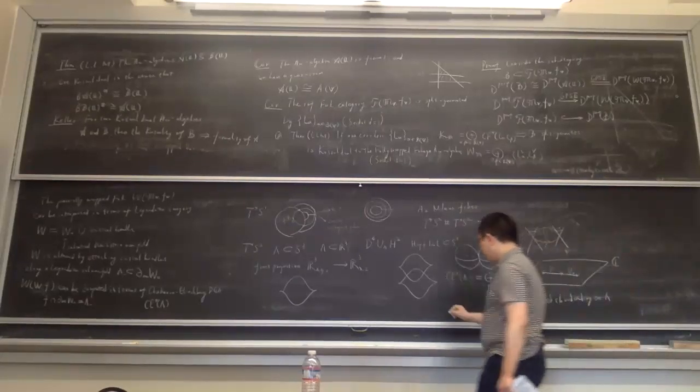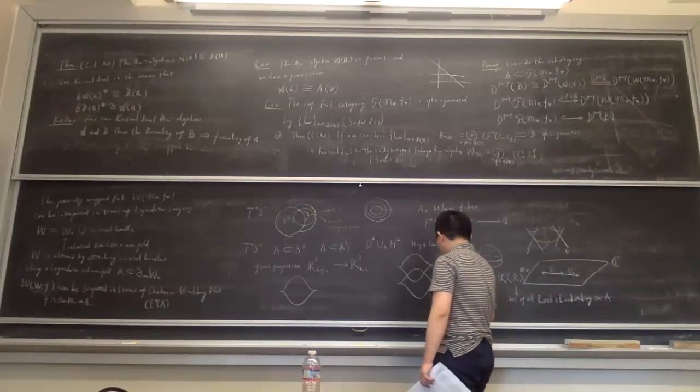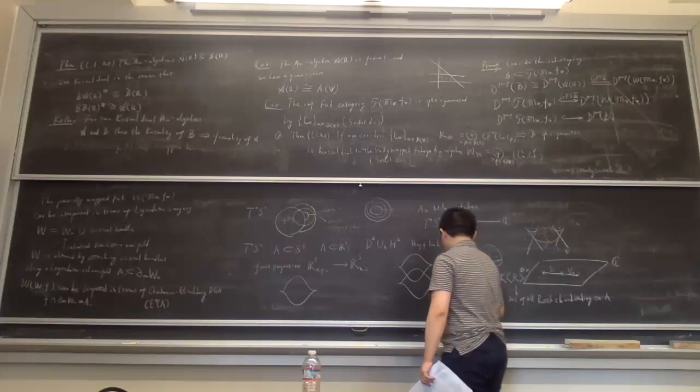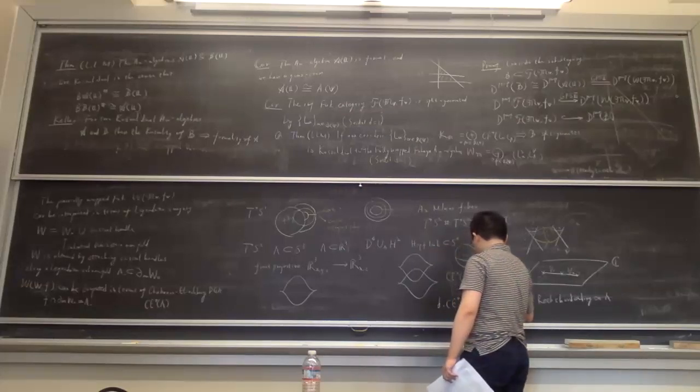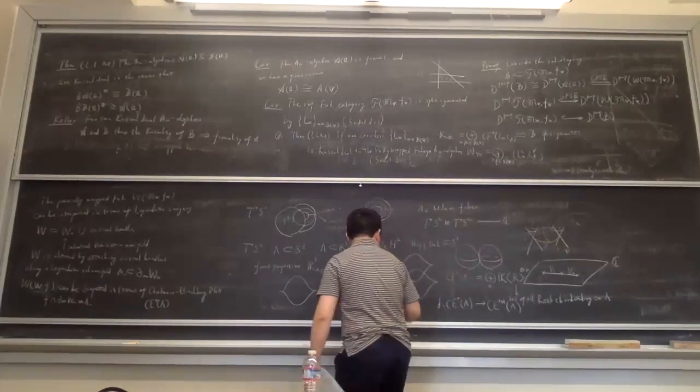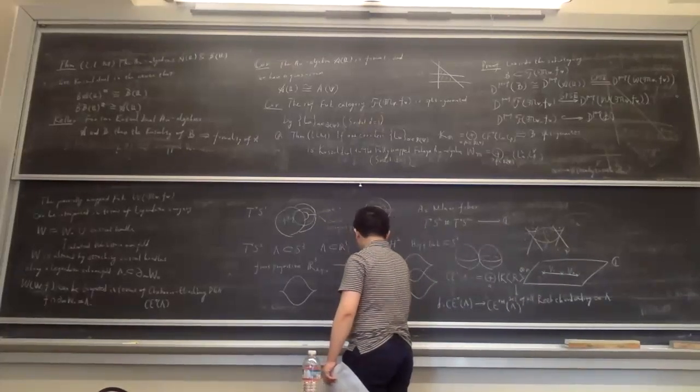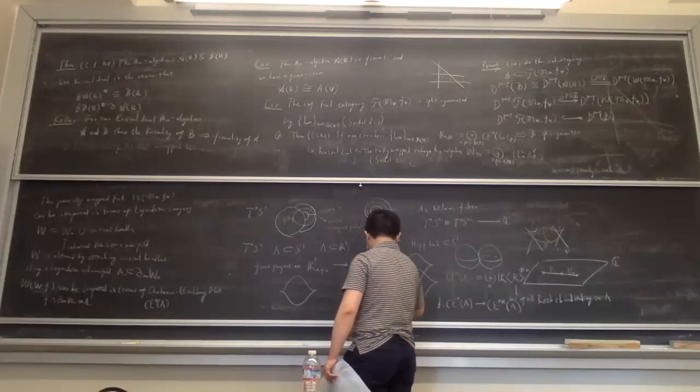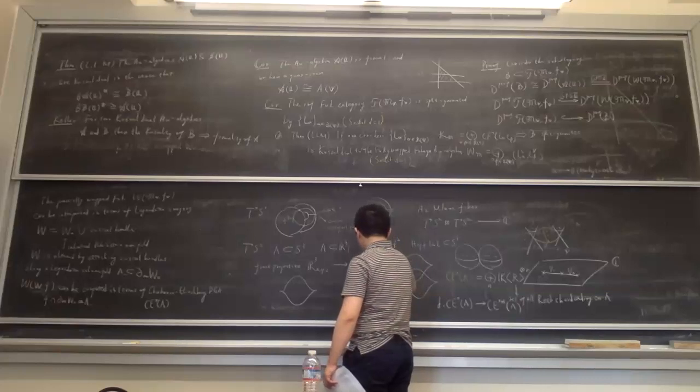And you can define a differential on this thing by counting holomorphic curves, which looks like this. So these are Reeb chords.